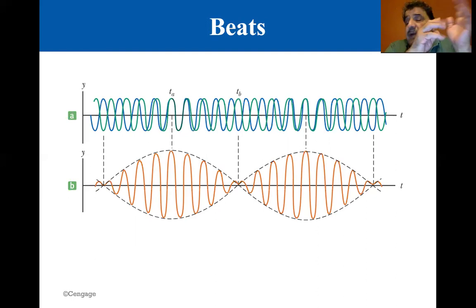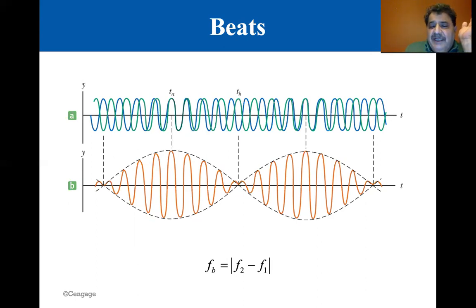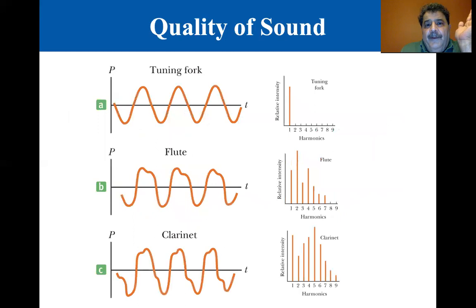It would be 3 hertz. 1,003 minus 1,000 would be a 3 hertz beat. So the beat frequency is equal to the absolute value of F2 minus F1. And that's where I'm going to stop. We're going to do the quality of sound and the ear next.